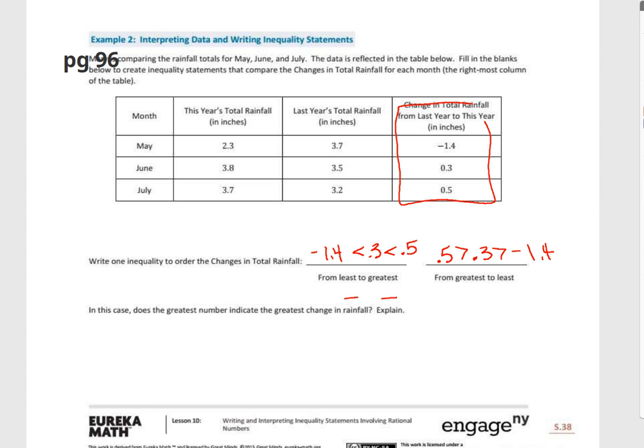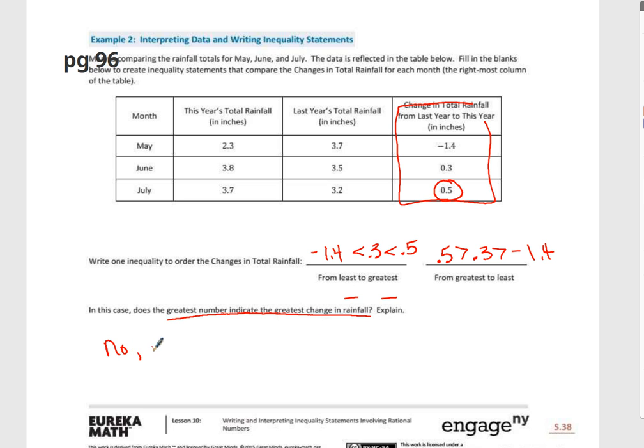Now, it says down below, in this case, does the greatest number indicate the greatest change in rainfall? This is our biggest number, right? Is that the greatest change in rainfall? No, it's not, right?